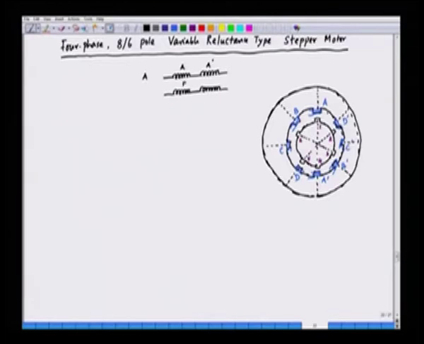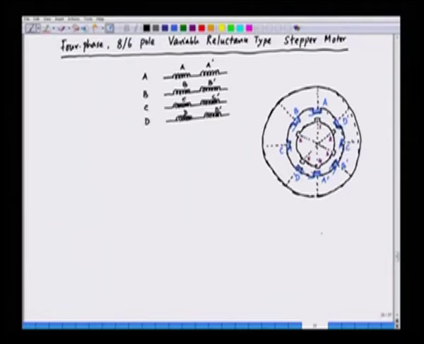So, this is B and B prime, we call it phase B. Phase C will have two windings here. So, we have C and C prime, we call that C, and D again will have two windings, D and D prime, we call that D.